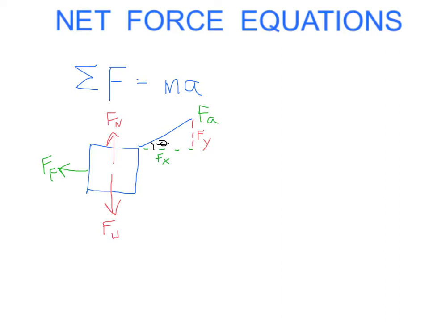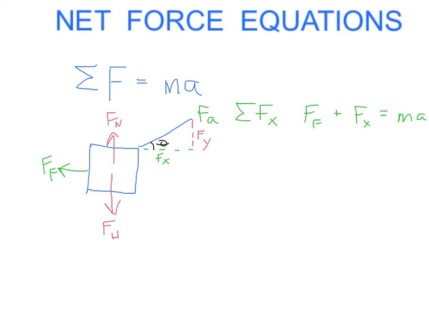Let's write the 2 net force equations for this example, the horizontal, then the vertical. In the horizontal, we have the force of friction, and we have the x component of the applied force. If there's motion in the horizontal, we set this equation equal to ma.